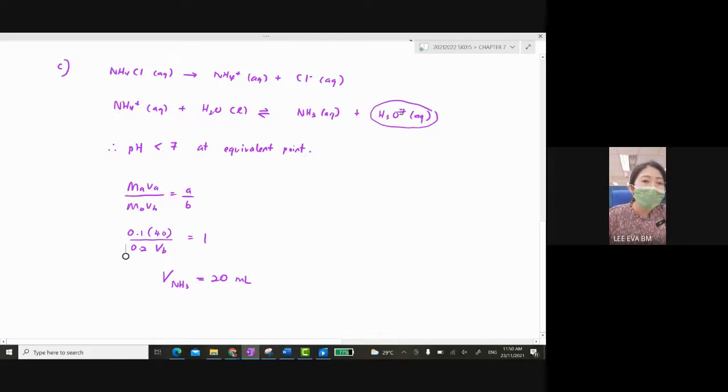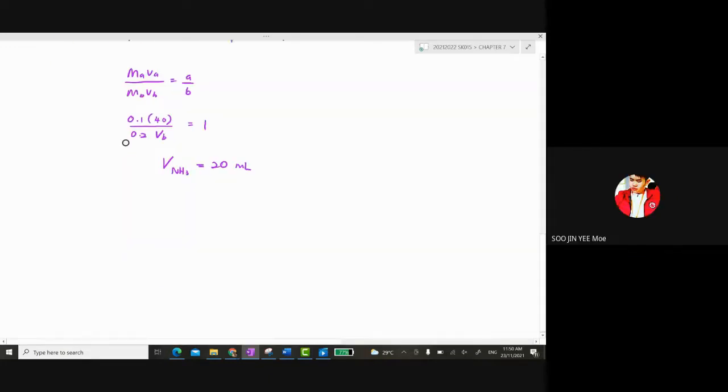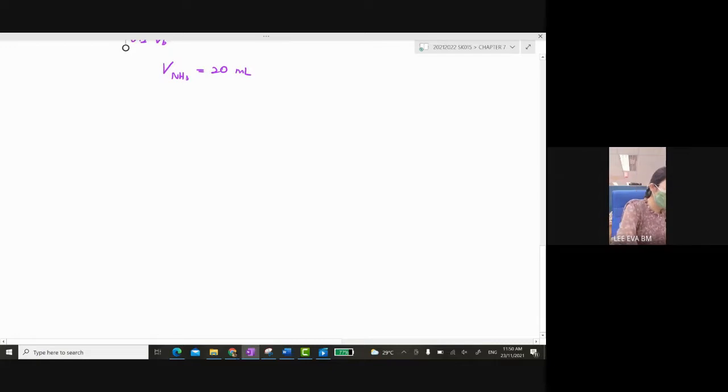That will be fine, because now we just want to obtain the information for us to sketch the curve. Unless the question asks you to explain why the salt is an acidic salt, then that will be your explanation. Okay, understand. All right.